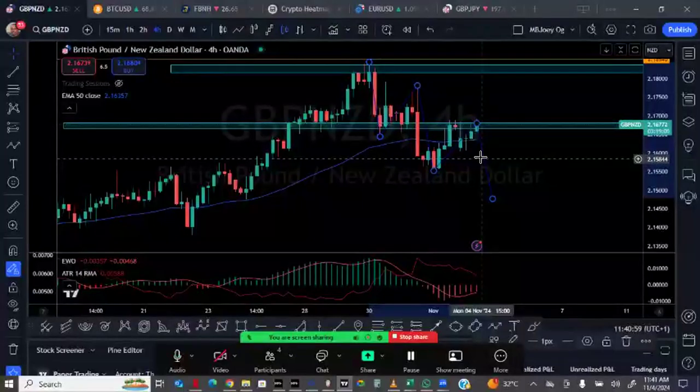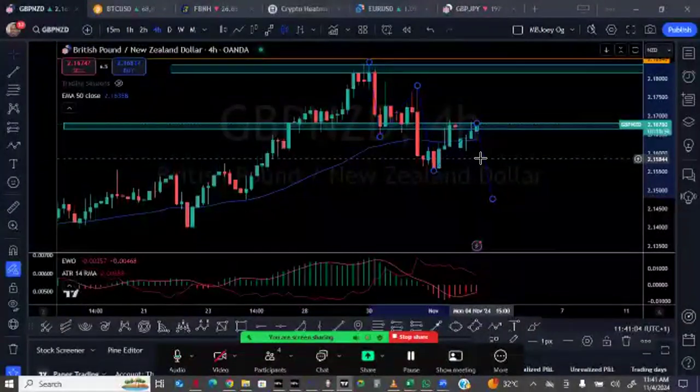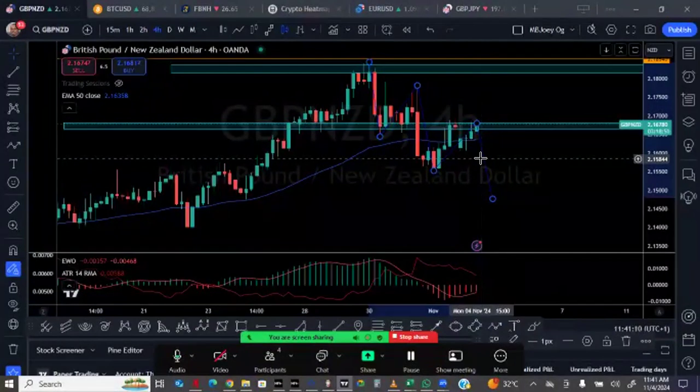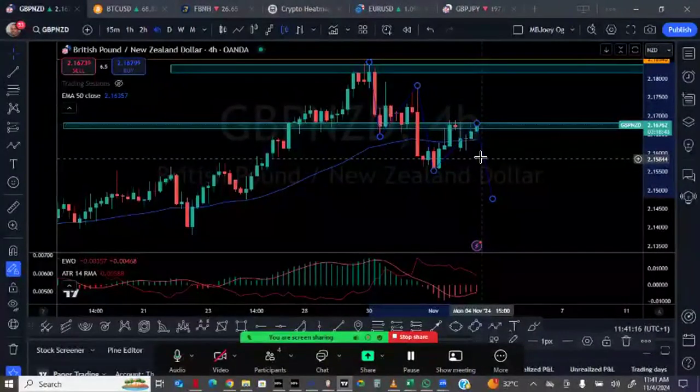Now, any of the three, don't forget, it's any of the three. I can have either my pin bar, I can have my engulfing candle, and I can have the railroad variation. Any of these three, it can be any of the three, but it just must end as a bearish candle. Okay?